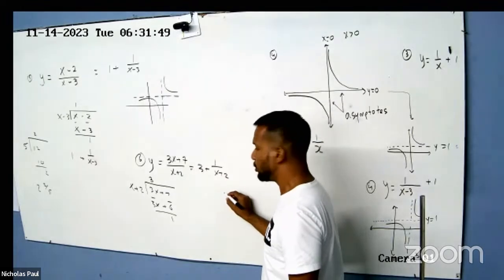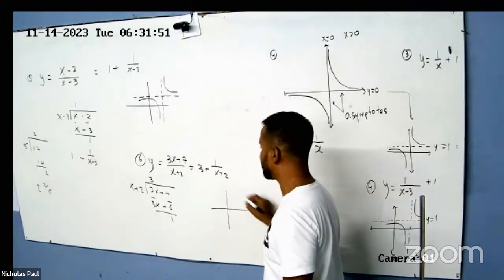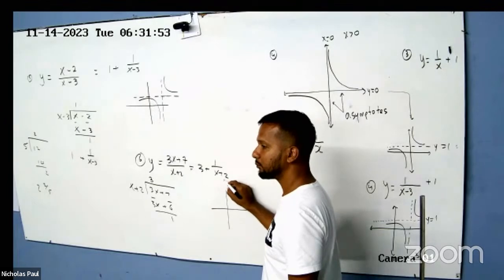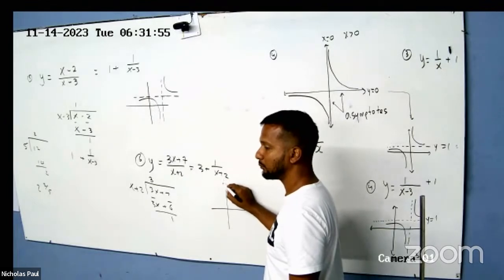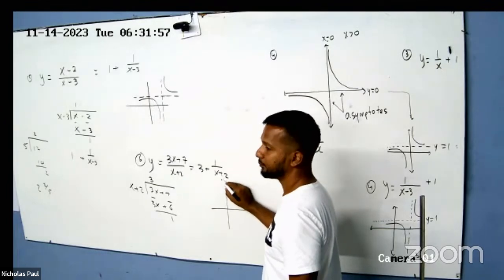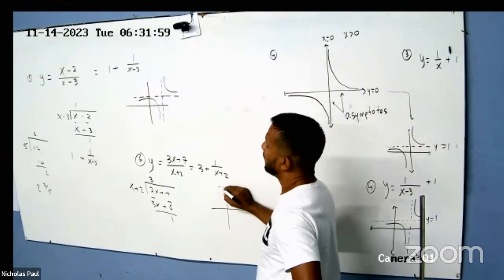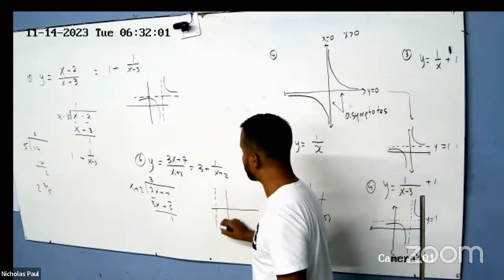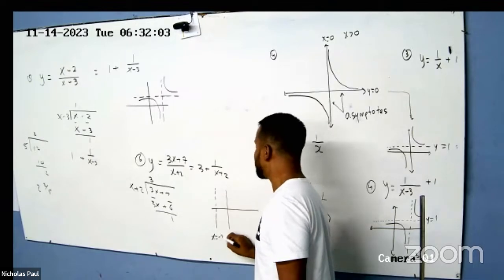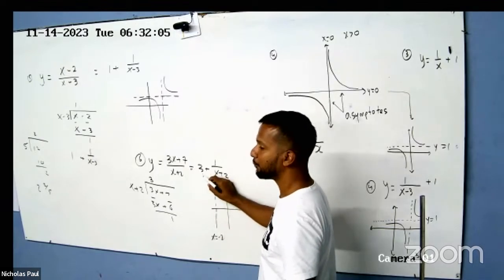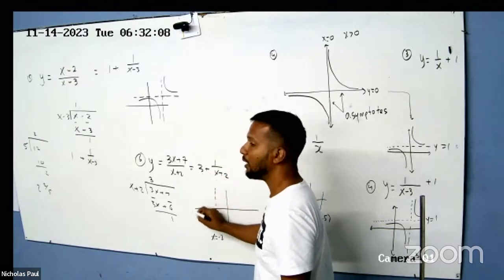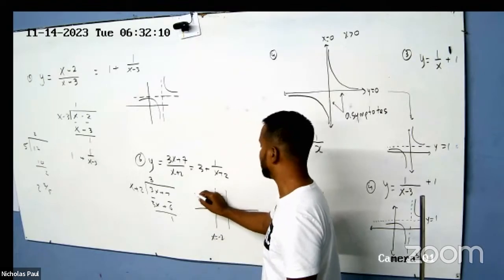So what does this shape look like, Shibish? 2 where? Shibish, we just went through this. 2 to the left and 3 where? 3 up.